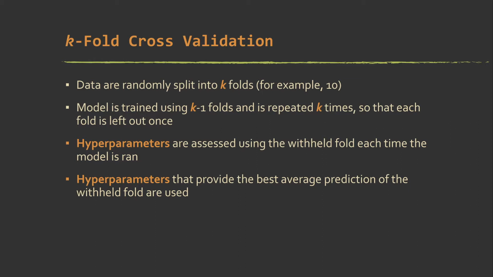Then you take those 10 iterations and average out the results, and the hyperparameters that provide the best average performance are the best hyperparameters, right? So that's actually one of my preferred methods, or augmentations of it.